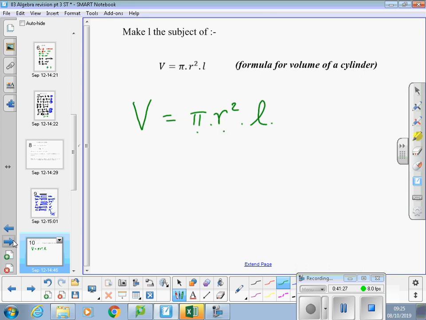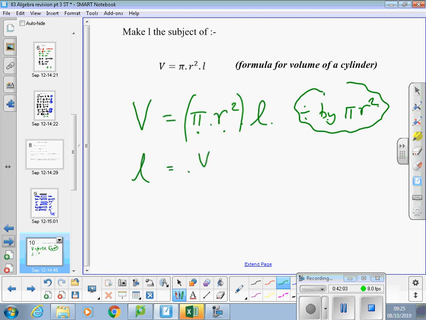When numbers are multiplied by each other, like those two, we can move them together. If you're uncomfortable with that for the time being, divide by pi first, then divide by r squared if you want to. But because they're multiplied together, we can divide by that whole term and move them in one go. So divide by pi r squared, we end up with, and I'm going to put my L on this side, V over pi r squared. Simple as that.